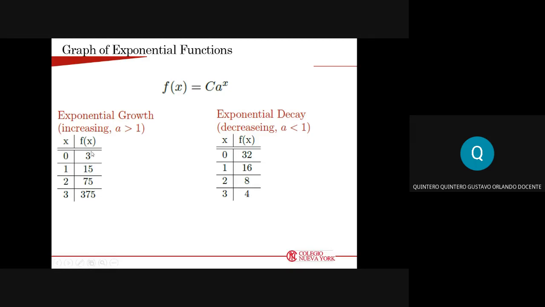Just like you can have the values going up, you can also have the values going down. That is called exponential decay. We have exponential growth and exponential decay. Take a look at this example. When x equals 0, the value of the function is 32. It's a relatively big value. When x equals 1, the value is 16. So it is smaller.